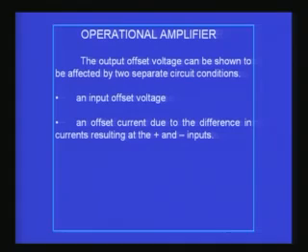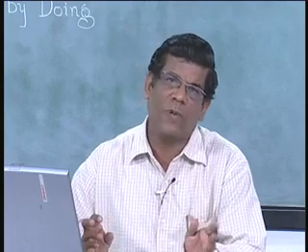So, let us now look at the output offset voltage in much more general terms. I have already explained to you that the output offset voltage can be shown to be due to some spurious input voltage which has come due to some imbalances inside the amplifier configuration. There is also another source for the output offset voltage. Apart from this input offset voltage, it can come about due to another reason also, and that reason is you have two input terminals for a given operational amplifier.